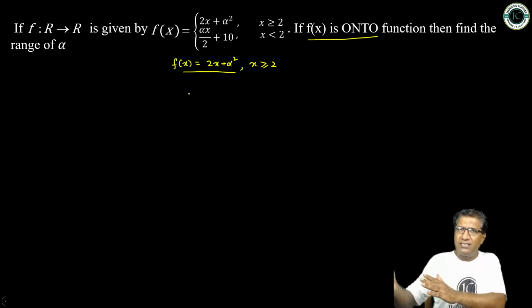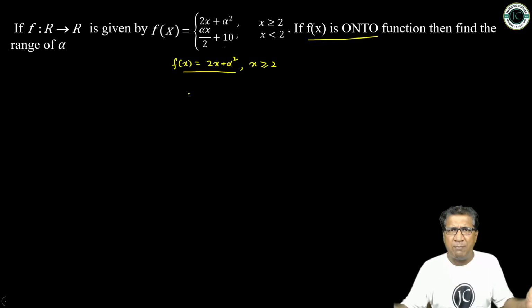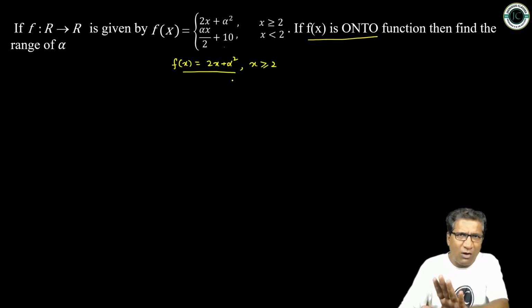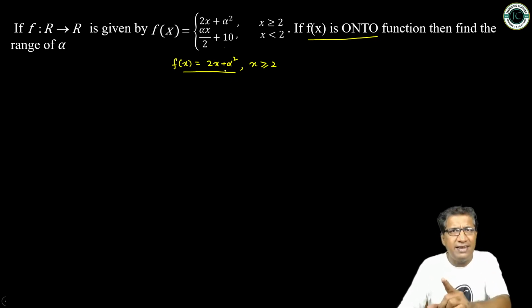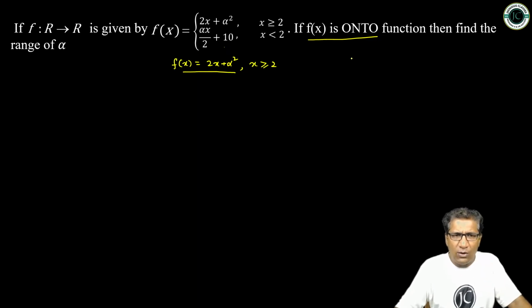Alpha can be greater than 0, alpha can be less than 0, whatever it may be. But whatever the value of alpha, alpha square is always positive, and in 2x plus alpha square, this indicates that the straight line has a positive slope. So it is an increasing straight line. So how will the graph look?